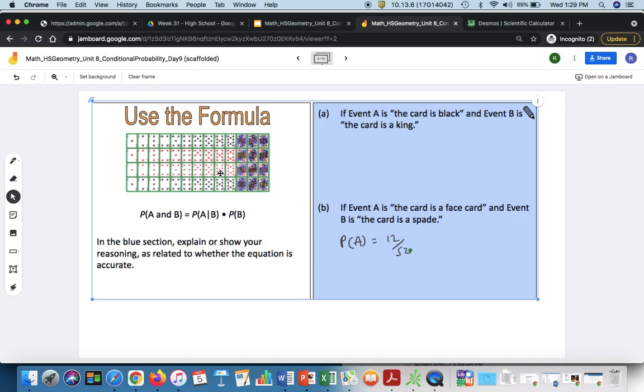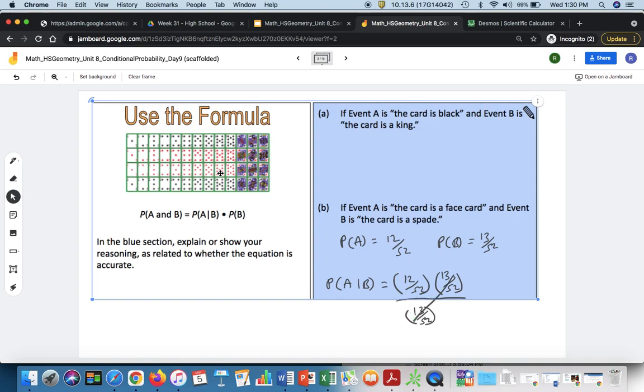And then for event B, if that's a spade, well, the probability of B is going to be 13/52. So now if we solve for the probability of A given B using our formula, we would do the probability of A times the probability of B, and then we divide out the probability of B here.